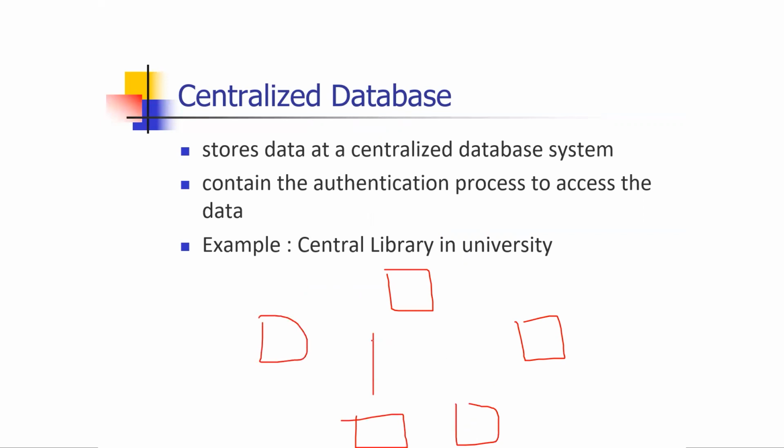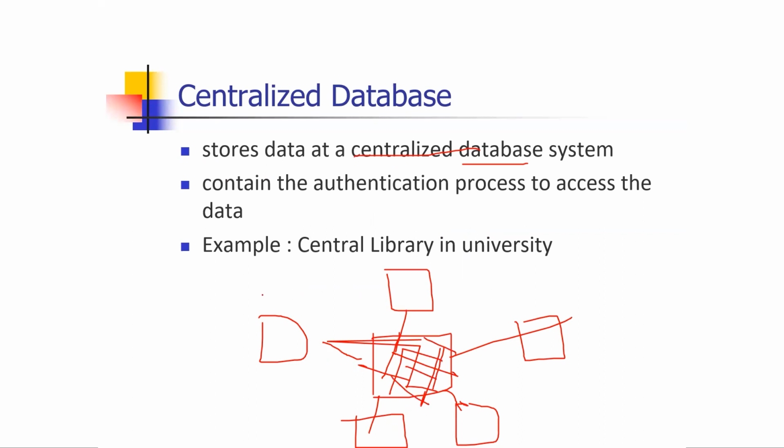We have a center hub which has the details of all these sub-departments. This is centralized. All the data is stored at a centralized system, the center of everything, like a hub and node relation.